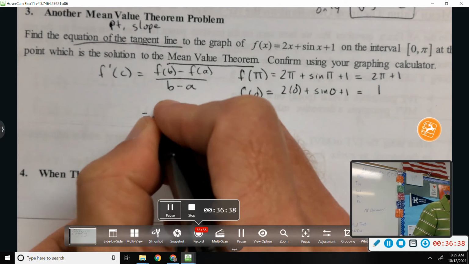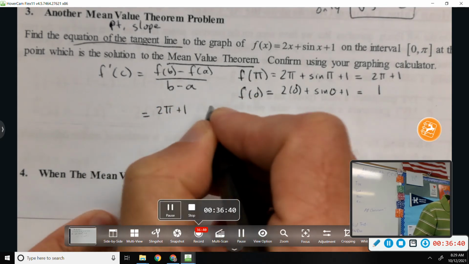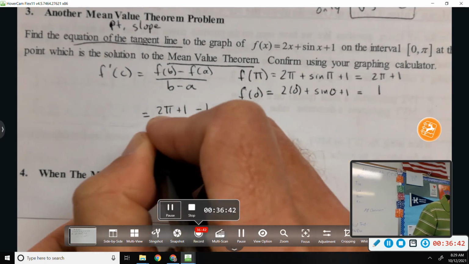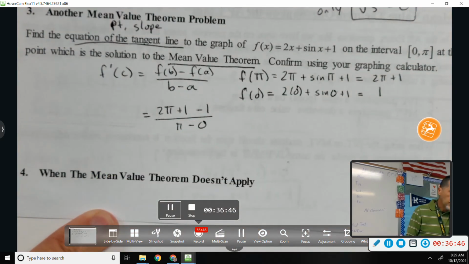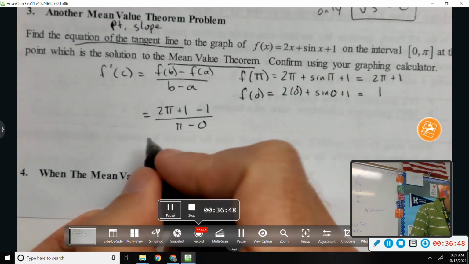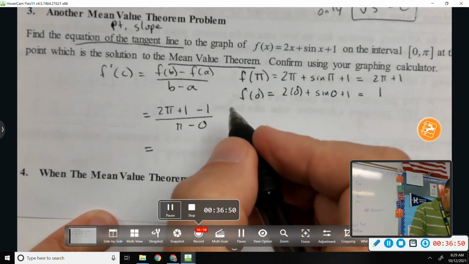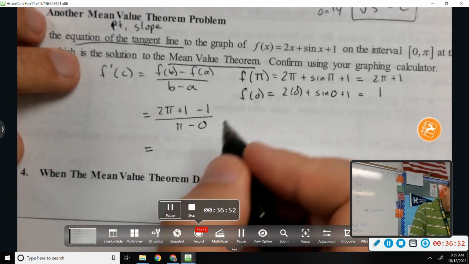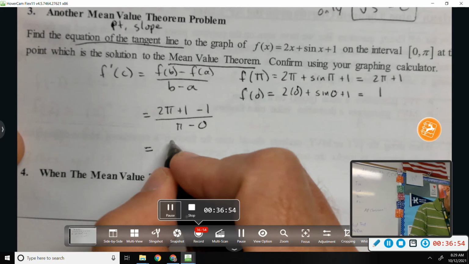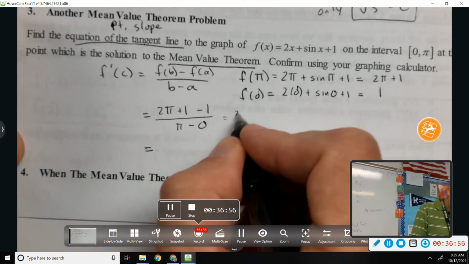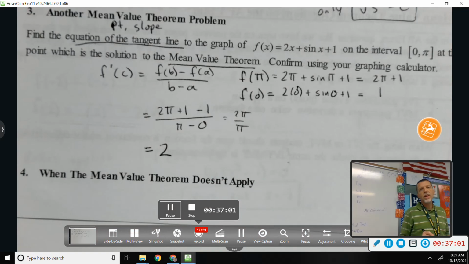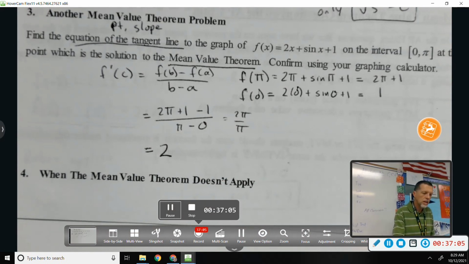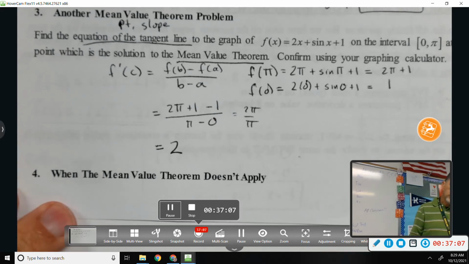So 2 pi plus 1 minus 1 all over pi minus 0. So that would be 2 pi over pi, which is just 2. So that worked out okay. So I know the slope is going to be 2.